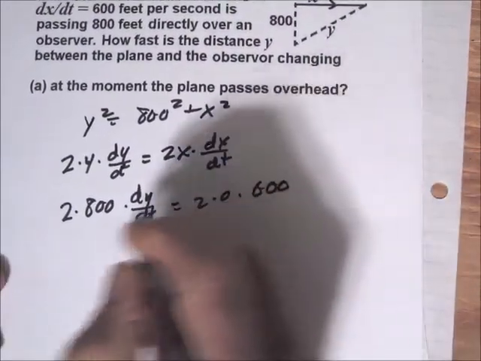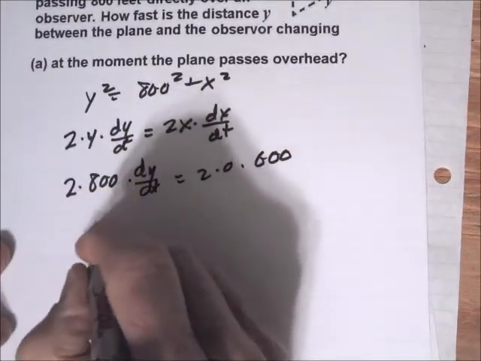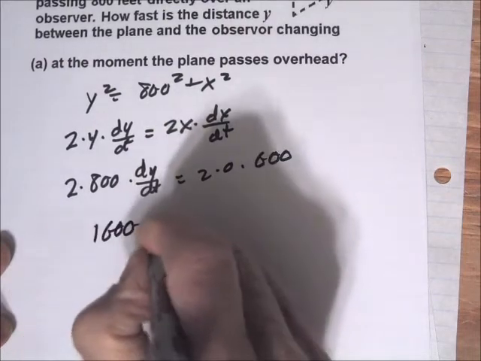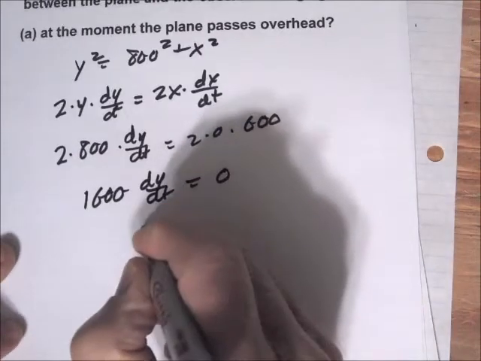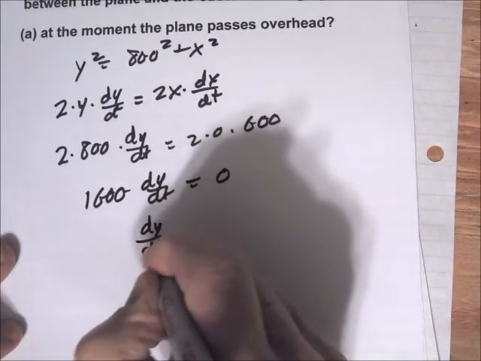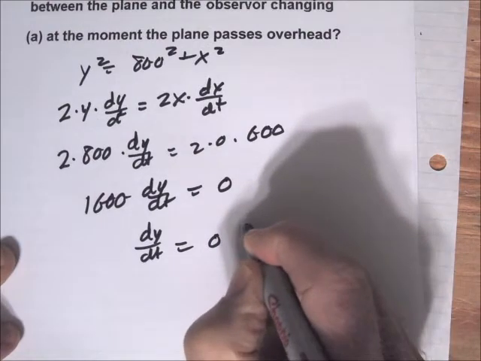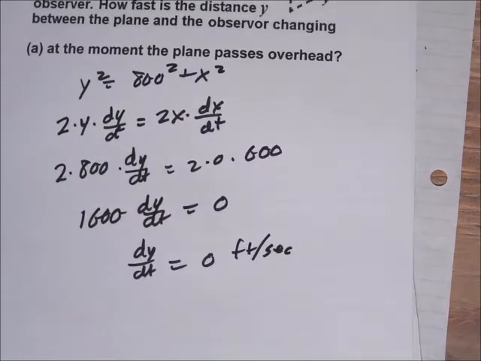If you solve, dy/dt is equal to 0. Divide both sides by 1600, and you get dy/dt is equal to 0 feet per second.